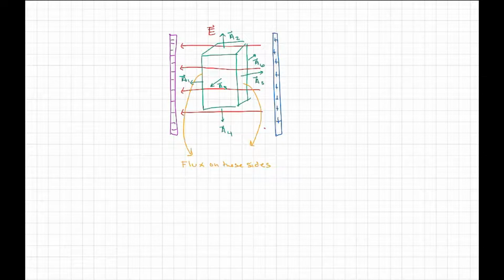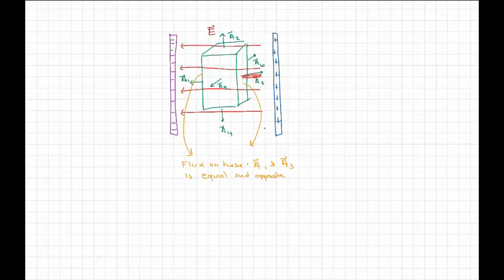So the flux on A1 and A3, those fluxes are going to be equal and opposite, okay? They're not going to be zero, but they're going to be equal and opposite. And the reason for that is that the electric field is in the opposite direction, but parallel to the area vector here, but it's in the same direction and parallel to the area vector here.